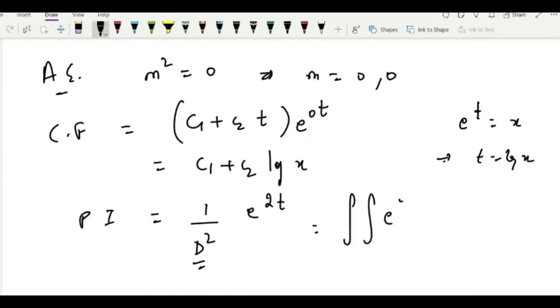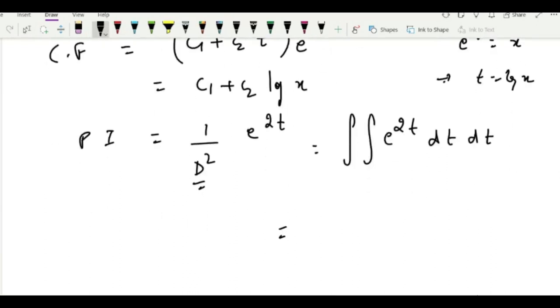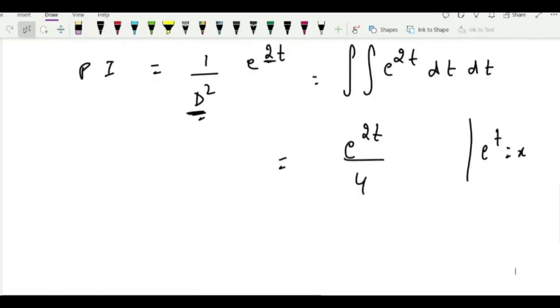So we are doing 2 times integration of this function e raised to power 2t. Or you can simply put D is equal to 2 also. Both ways are convenient. As you like, you can proceed. So we get e raised to power 2t upon 4. Also substituting back e raised to power t is equal to x, we get x square by 4.